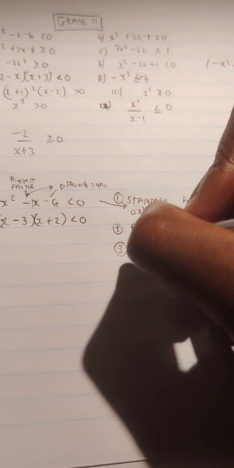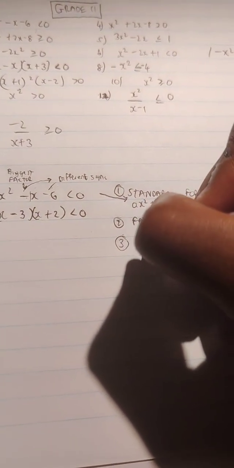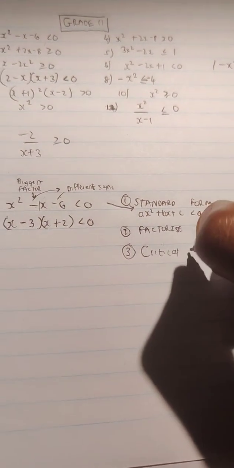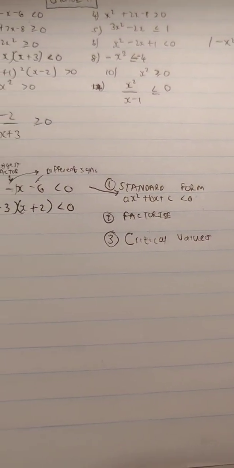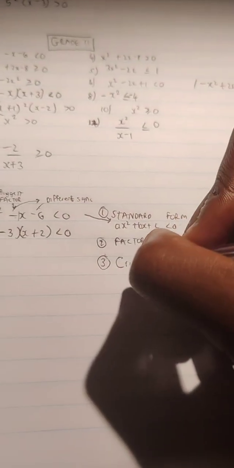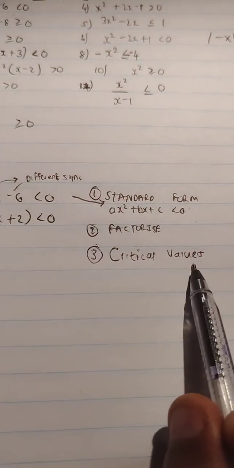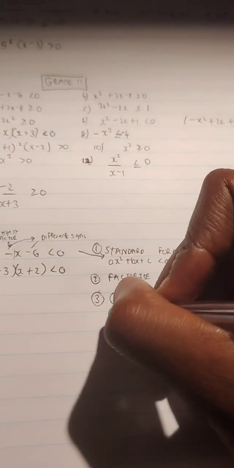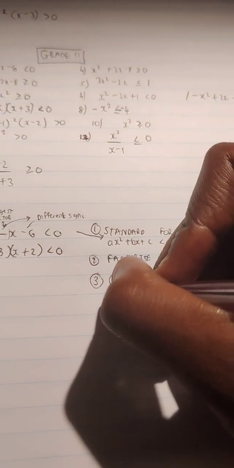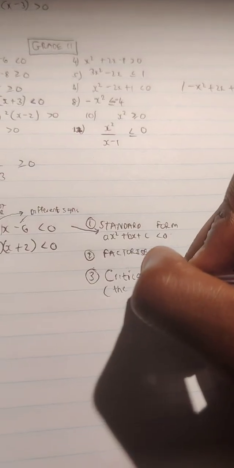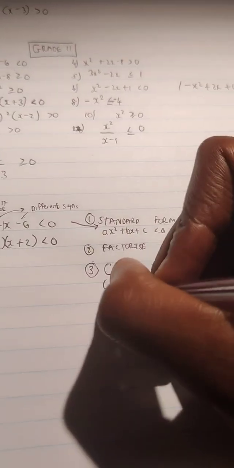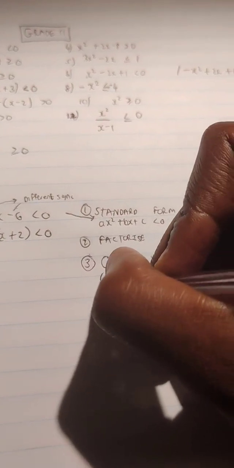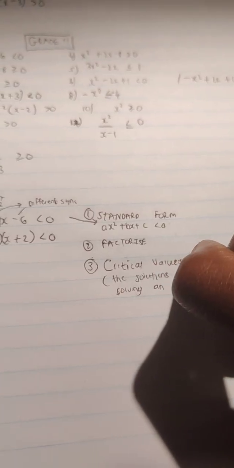Number 3, we write down the critical values. What are critical values? Critical values are simply the solutions when solving an equation.